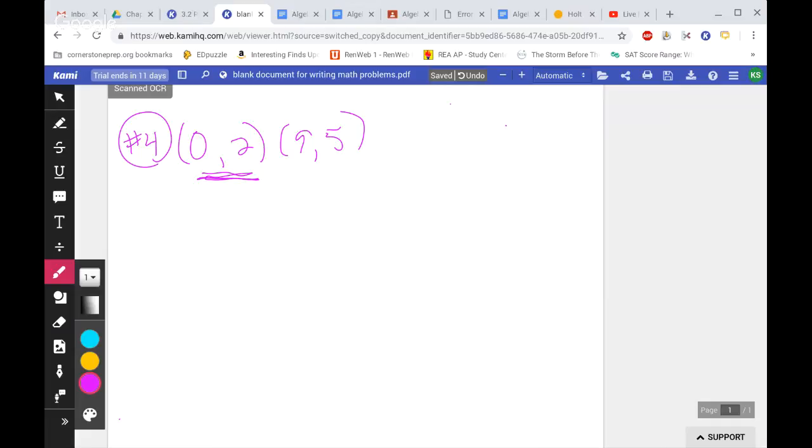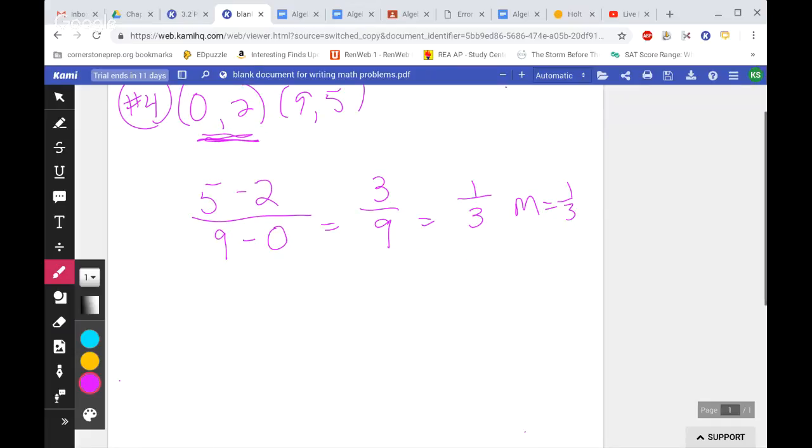So we really only need to find the slope. We'll find the slope by doing 5 minus 2 all over 9 minus 0. That's 3 over 9, which reduces to 1/3. So my slope is 1/3. Now all I have to do is plug in what I know into the slope-intercept form.